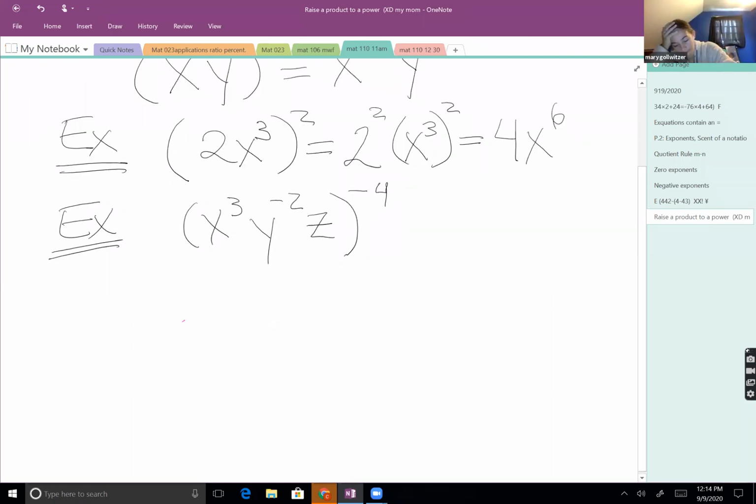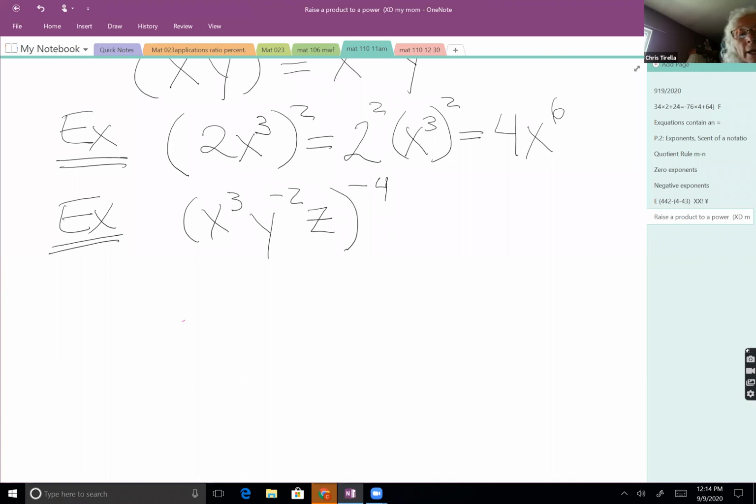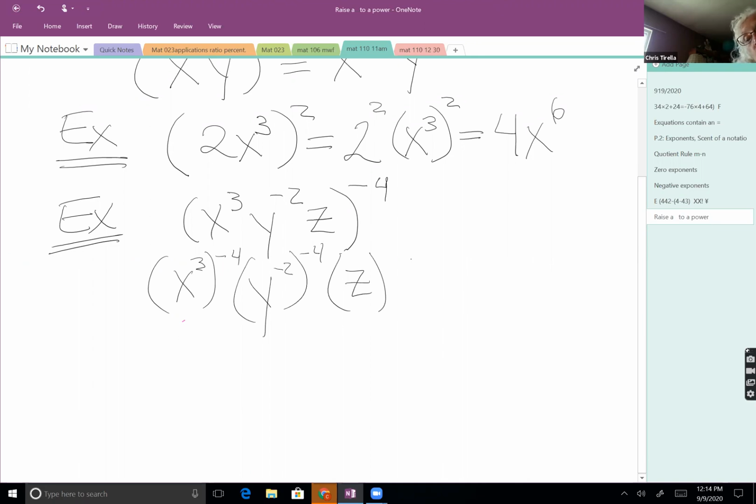Everything in those parentheses is being raised to the negative fourth. So I can think of that as x to the third to the negative fourth, y to the negative second to the negative fourth, z to the negative fourth. With me so far? Yeah.